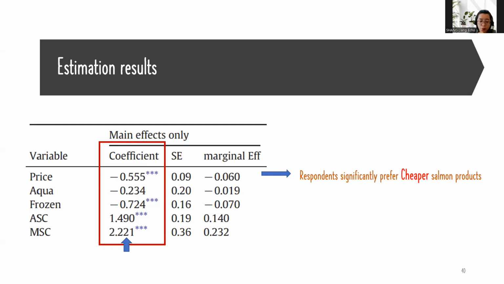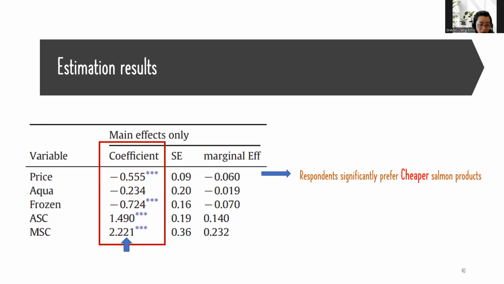Here for price, we can interpret these results as the respondents significantly prefer cheaper salmon products, because the coefficient for price is negative and significant. So they prefer cheaper products significantly.